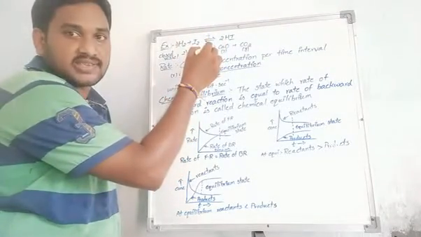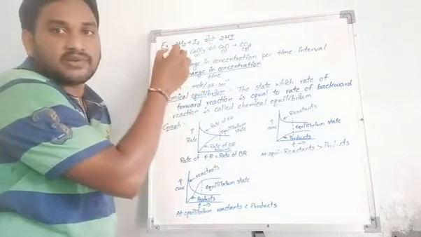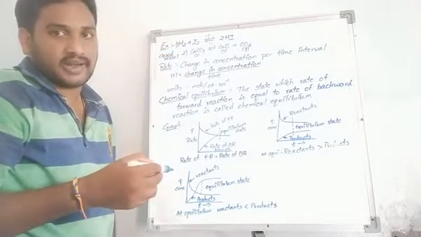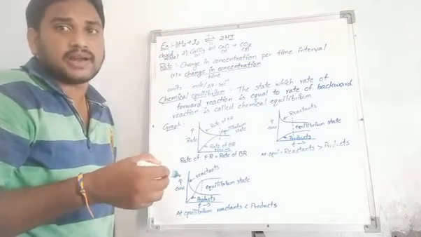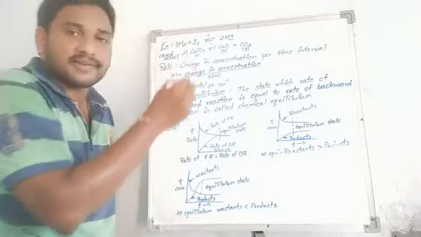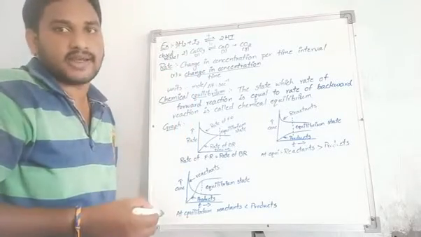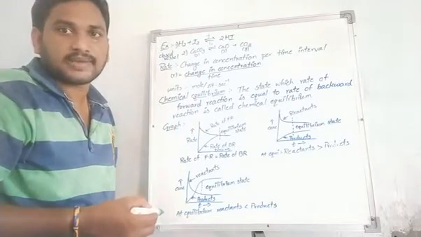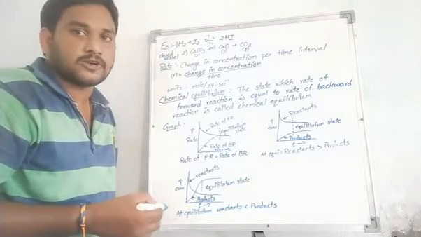Chemical reactions having both forward and backward reactions are called reversible reactions.